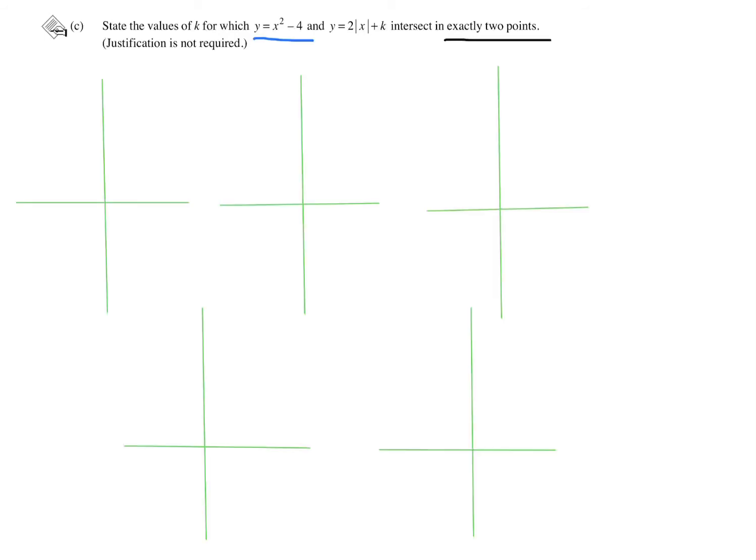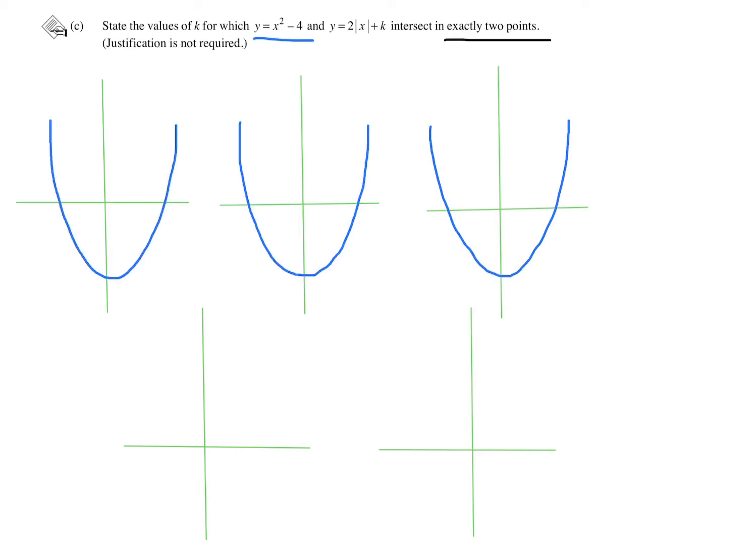So for the first equation, y is equal to x squared minus 4, it's going to be a parabola with fixed points. So something like this, right? And all of those are going to be the same for that one, because that one is fixed. So I'll just draw that for all of them.